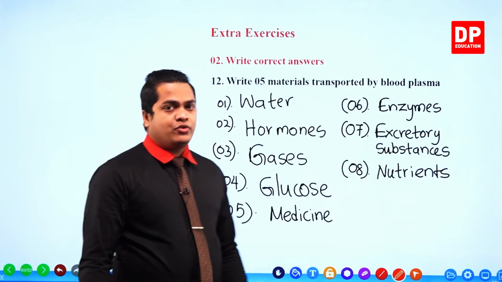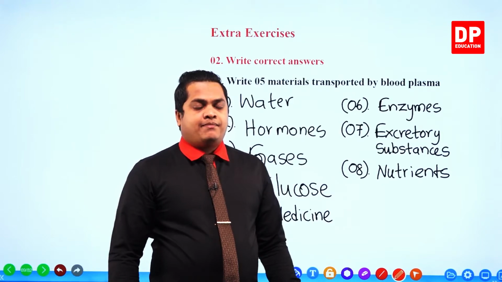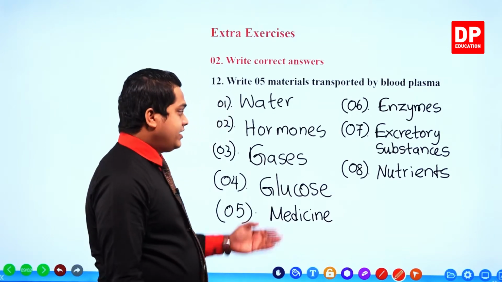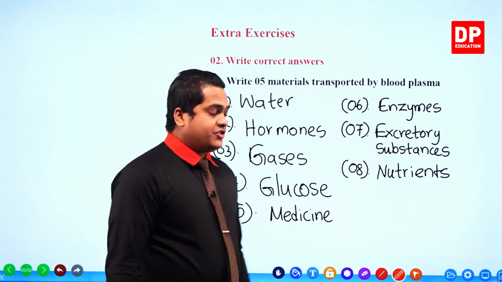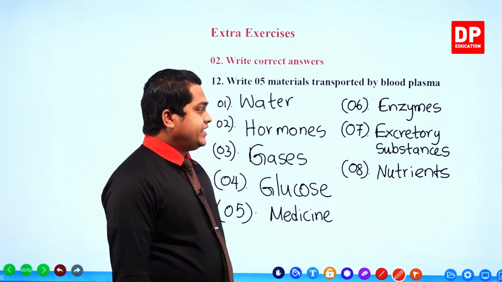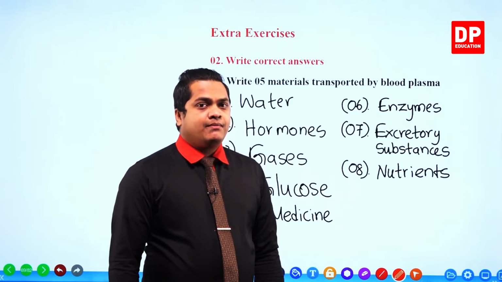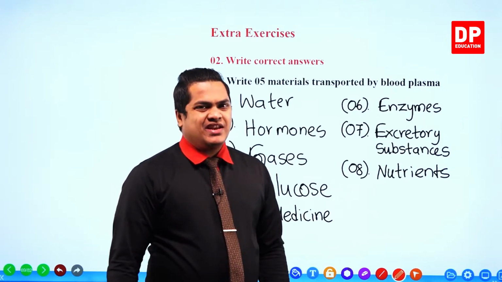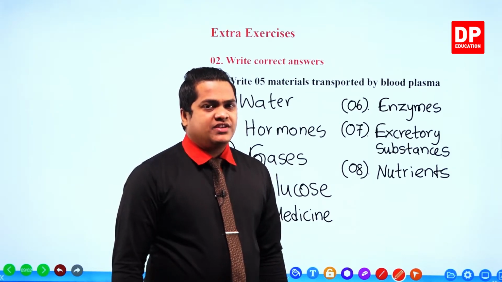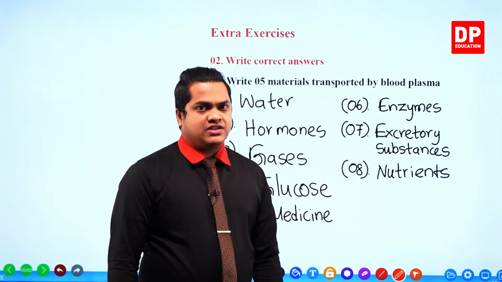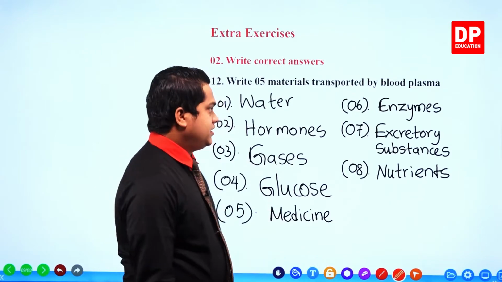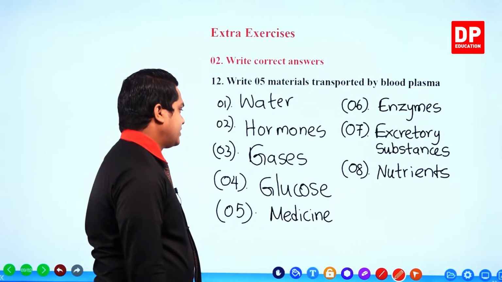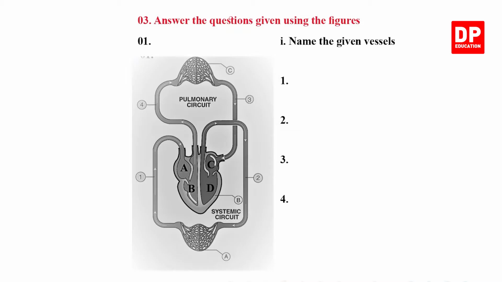There are plenty to write. So I have written like 8. You're asking about only 5. So my dear children, these are the substances that are getting transported by the plasma. Okay. So each and every particle which is going to transfer is going to transfer through the blood plasma. Right. Okay then. So let's head on to see the next question.